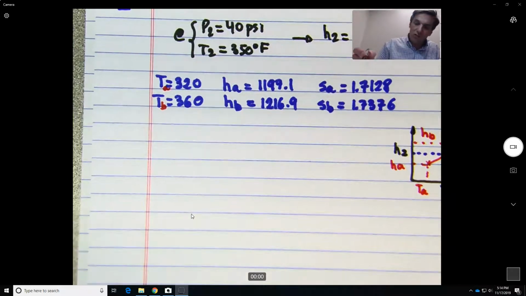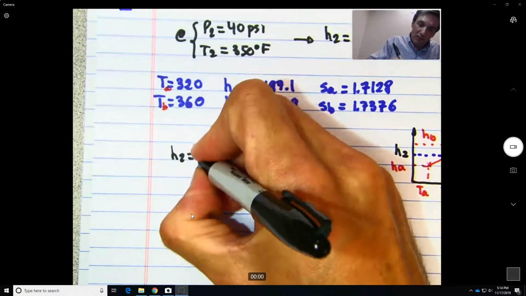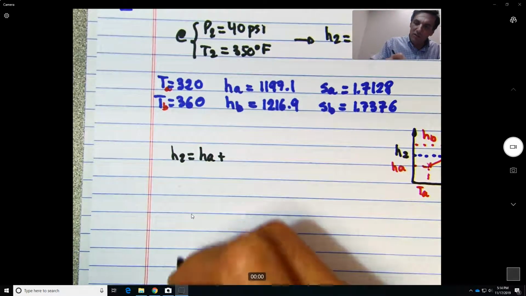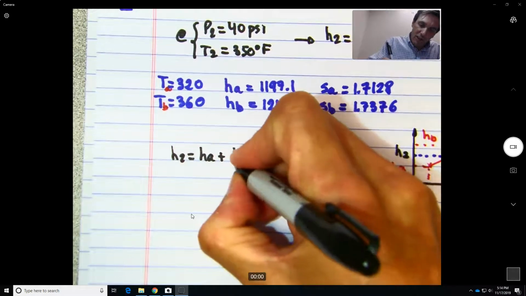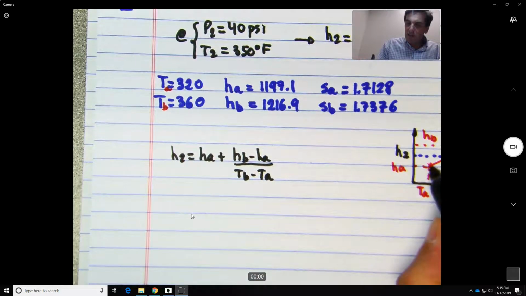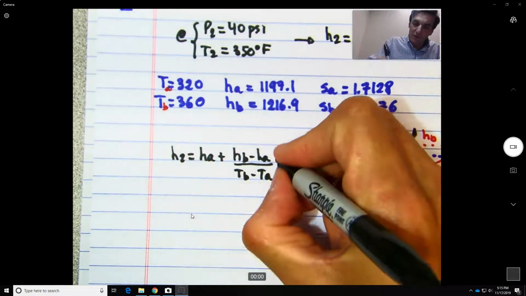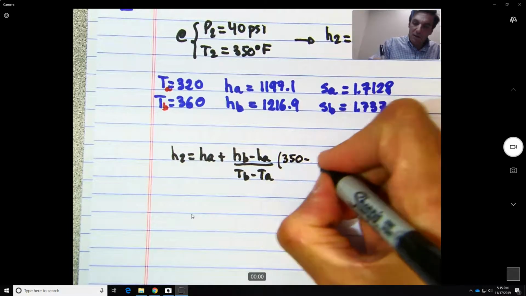So that H2 from that figure is equal to what? HA plus the slope of the line, HB minus HA over TB minus TA, and that spacing on here would be 350 minus TA.